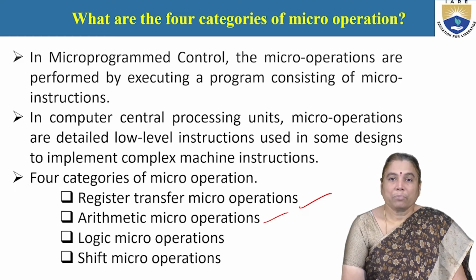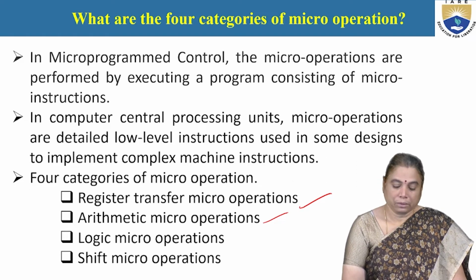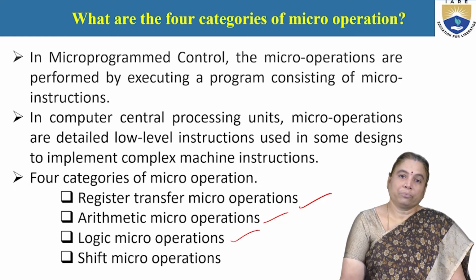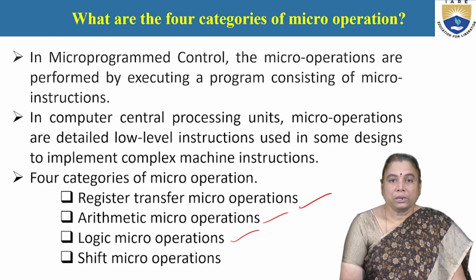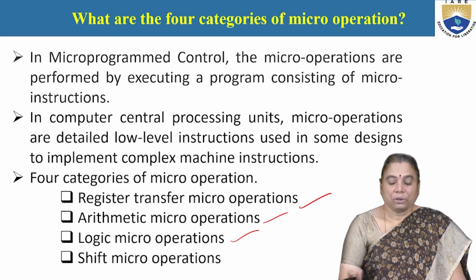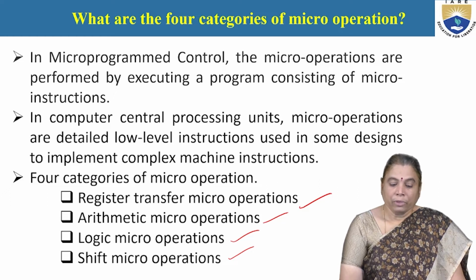The processing capability can be added to the computer with the help of these arithmetic micro operations. Logical micro operations can be used to perform bit-level manipulations so that decision-making capacity can be added to the computer. Shift micro operations are used to perform the serial transmission of data.